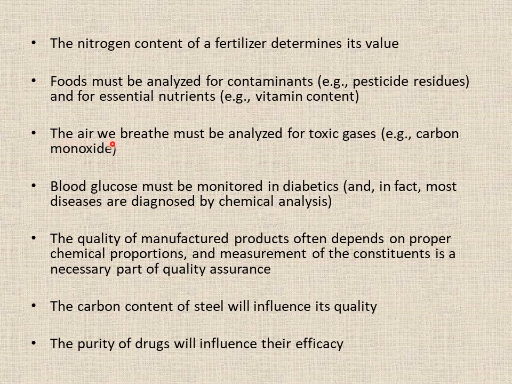The air we breathe must be analyzed for toxic gases like carbon monoxide and other gases. Blood glucose must be monitored in diabetics, and in fact most diseases are diagnosed by chemical analysis.